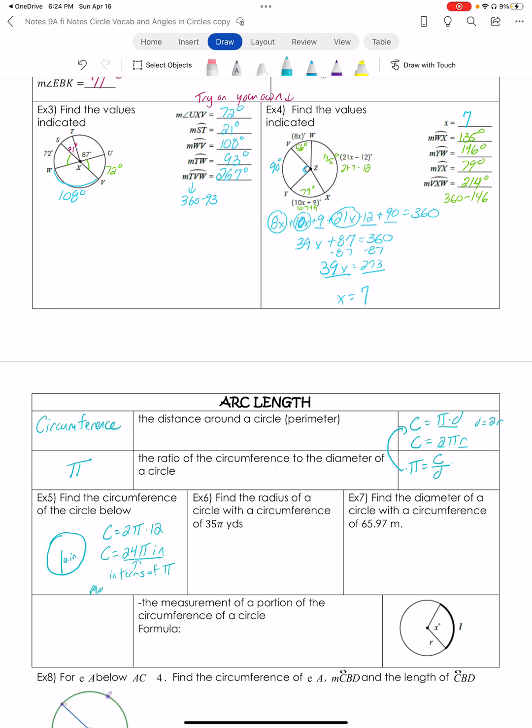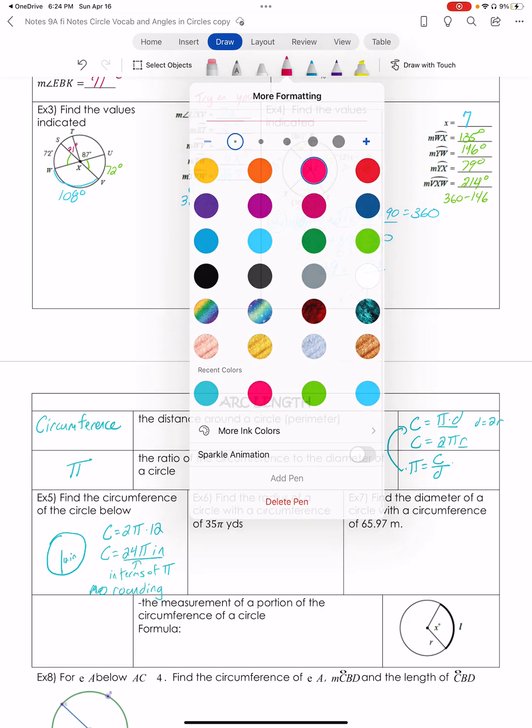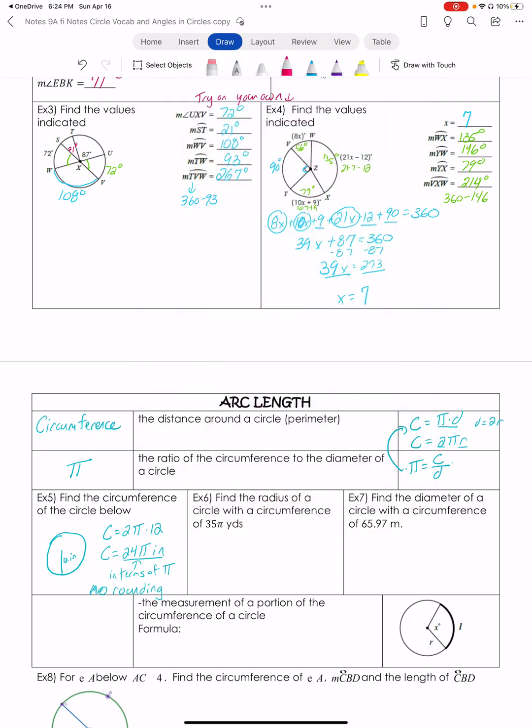So there is no rounding here. It says find the radius of a circle with a circumference of 35 pi yards. So I know circumference is equal to pi times diameter. 35 pi is equal to 2 pi times my radius.